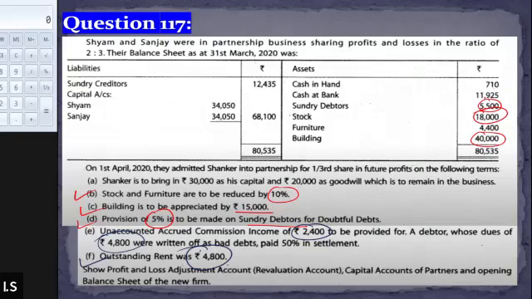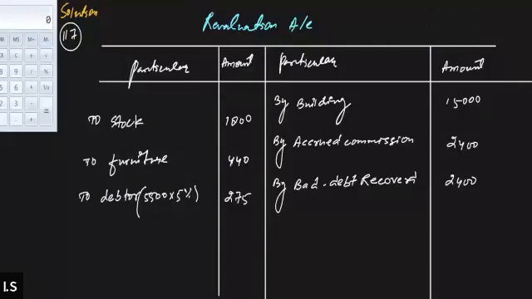And whenever a liability increases, tell me on which side of the revaluation account it needs to be recorded. On the debit side, correct.